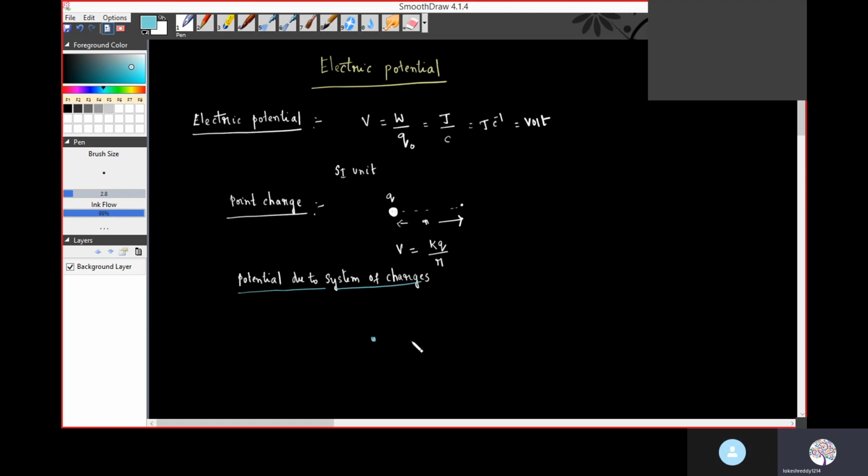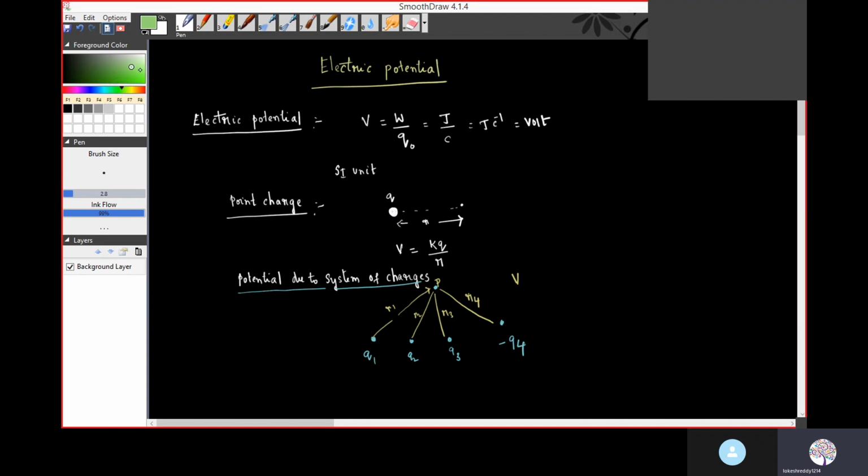Say q1, q2, q3, and there is another one, minus q4, at some point. Let us take these distances as r1, r2, r3 and r4. Then the potential at point P, let us take this point as P.